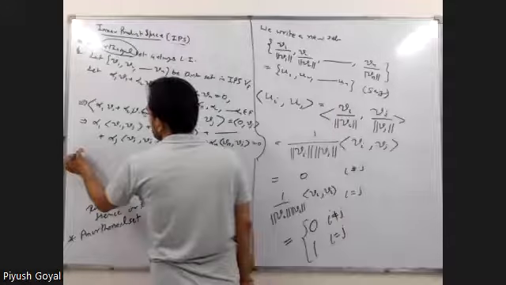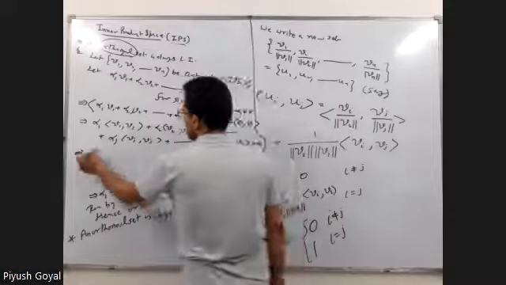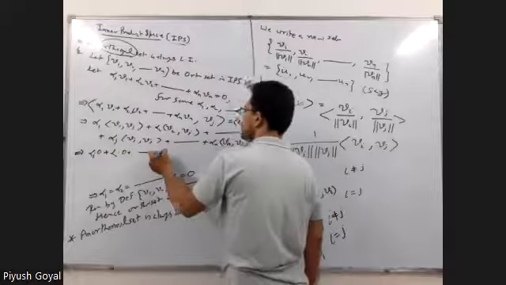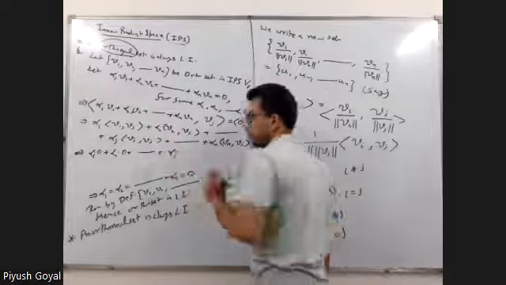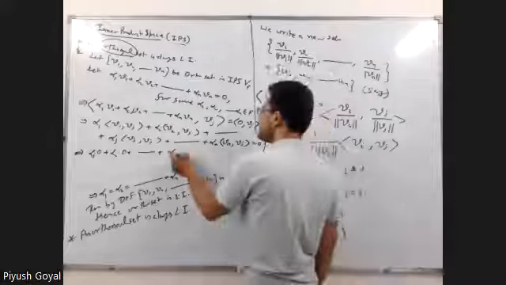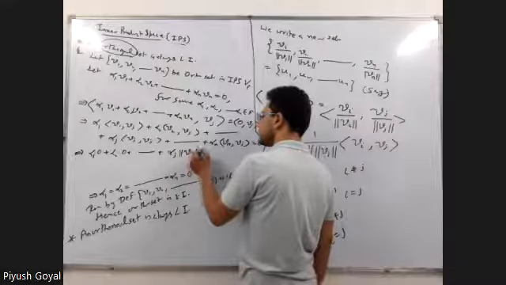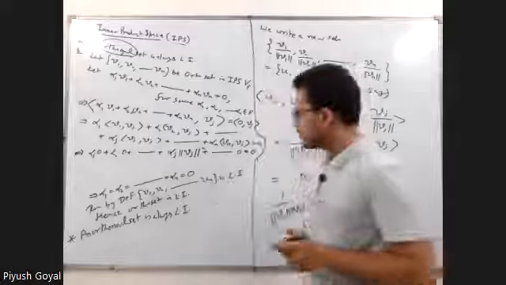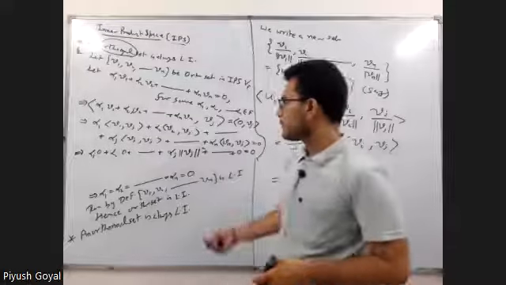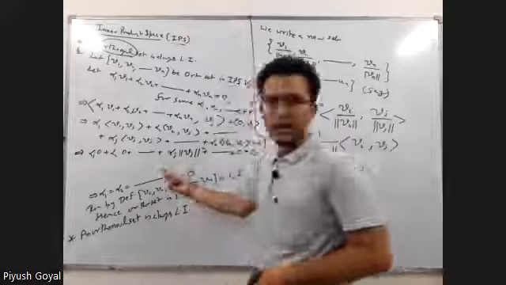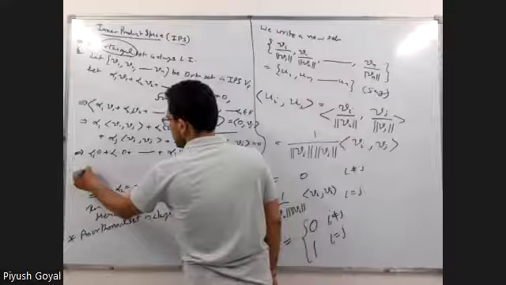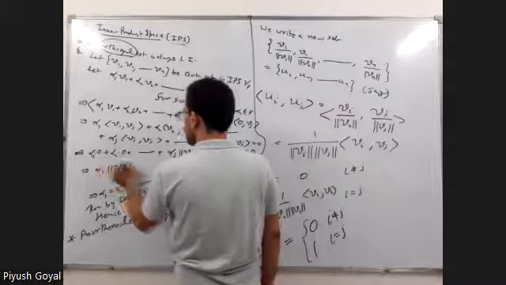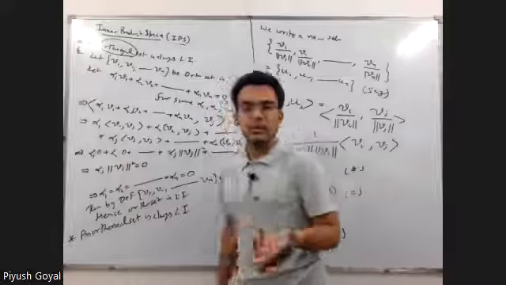So this means alpha 1 into 0, alpha 2 into 0, up to so on, all things are 0, alpha j into the norm. Fine. Then all other terms are again 0. Now in simple sense, this says alpha j times the norm of vj squared is equal to 0, and the norm is not 0.